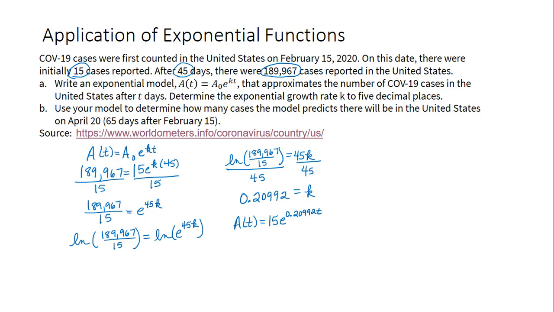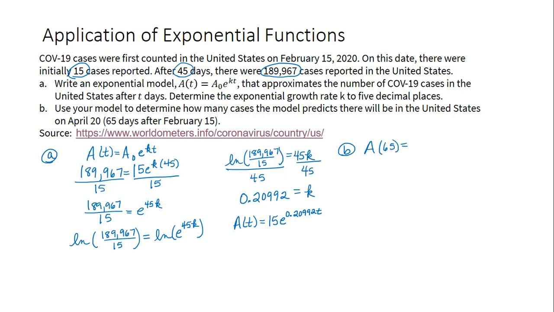Now, to answer part B, we are assuming that this model continues, and we want to figure out, based on this model, how many cases there would be in the U.S. 65 days after February 15th. So in this particular case, we want to find what is A of 65.